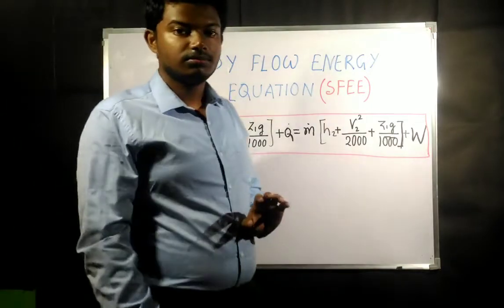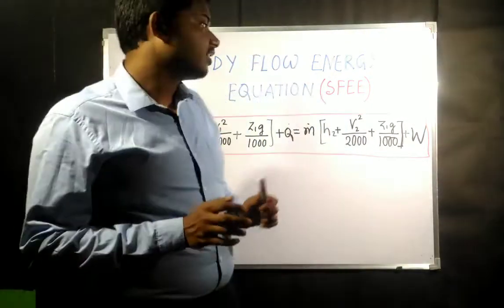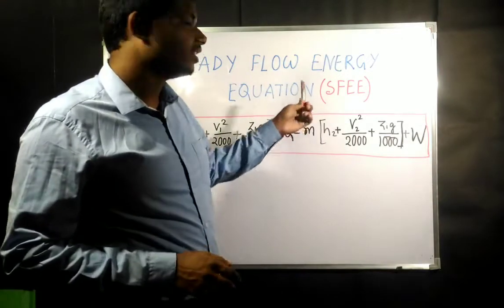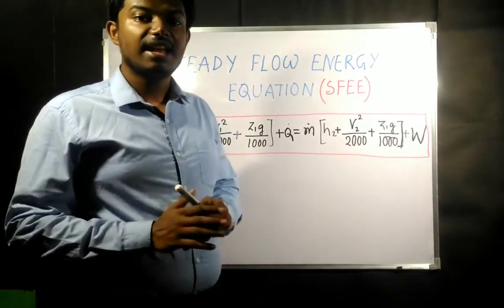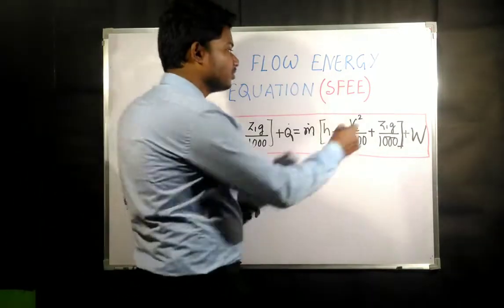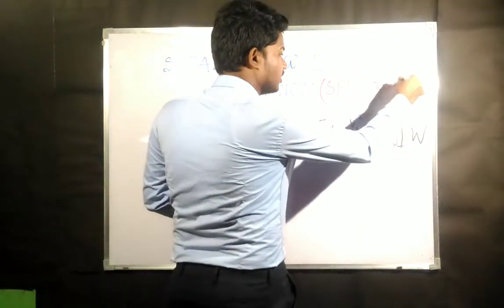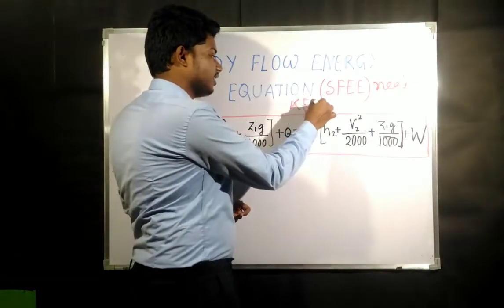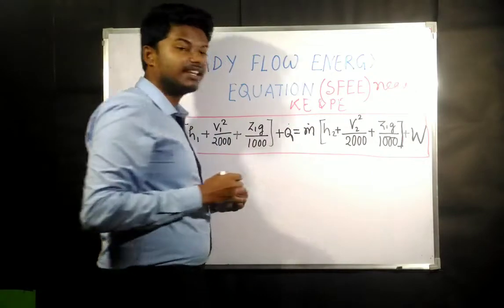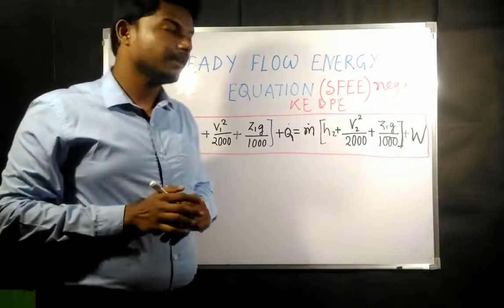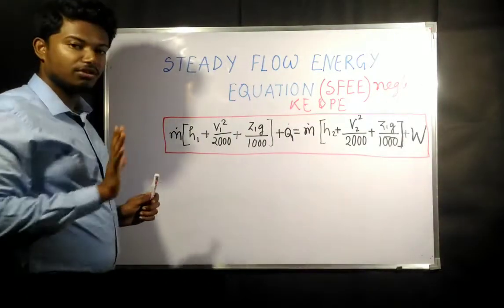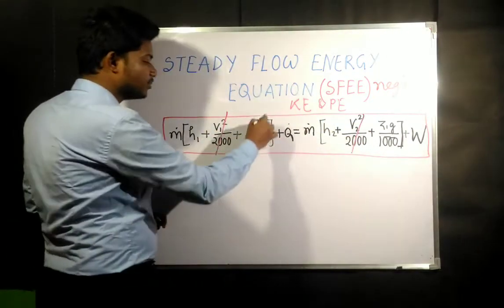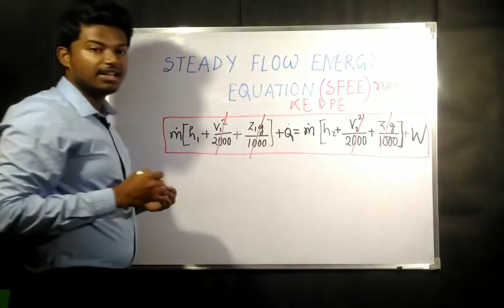Now if we need to find the steady flow energy equation, or SFEE equation, neglecting the kinetic energy and potential energy, the equation will be the same, just the kinetic energy term and potential energy term will get cancelled.